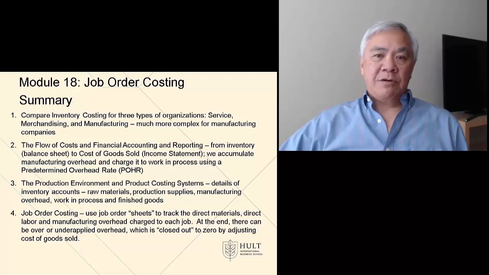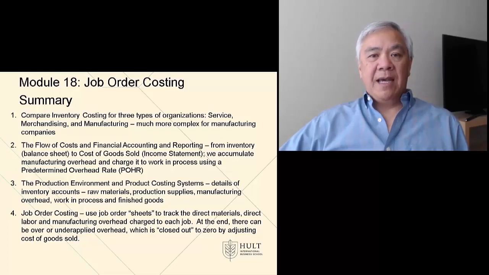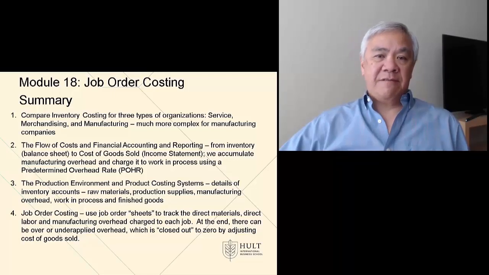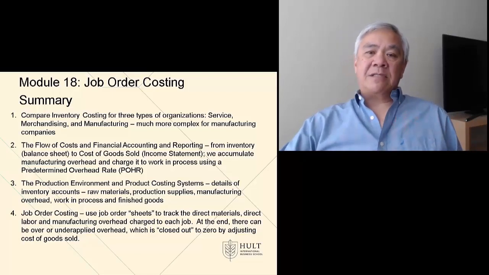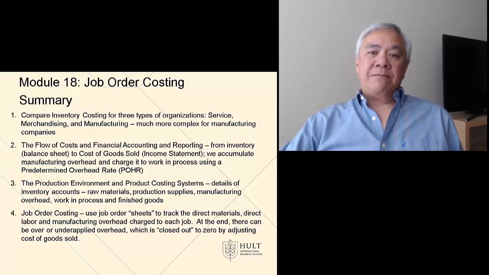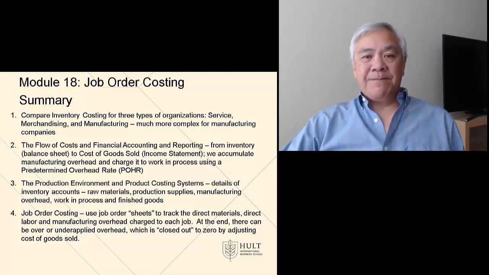Is it the materials used, is it the labor deployed, and it's charged for the overhead that it used up. And that constitutes the amount that it cost us to do job 65, 66, etc. So that's what we did. Oh, and finally, we did an example of how we zero out the overhead account for the over or underapplied manufacturing overhead. Okay, so that's Module 18, and I'll do a separate one for Module 19.